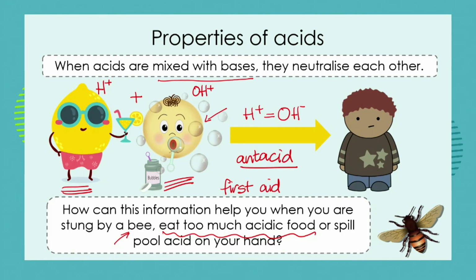If you were putting pool acid into your pool and you were not using gloves and you spilt it on your hands, what should you do? Well, immediately you should put it in the water, but if you have burnt your hands, you need to put a cream on it that is basic in nature in order to balance out the acid.